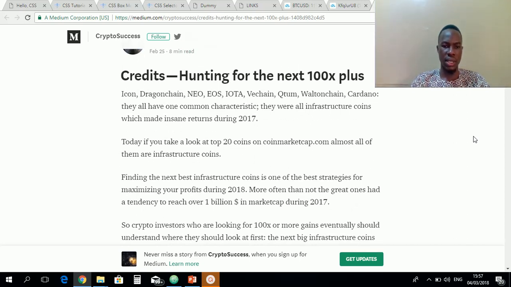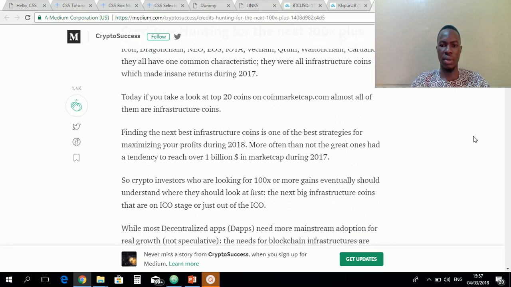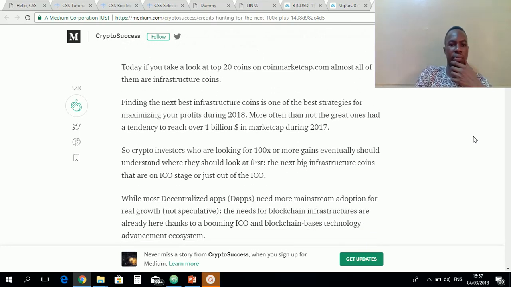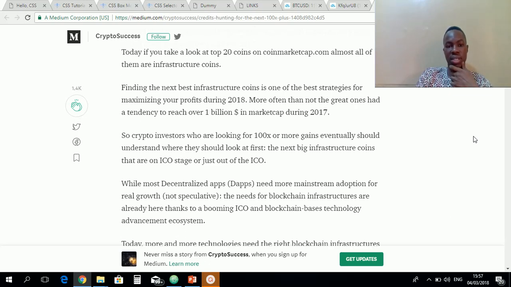Today, if you take a look at the top 20 coins on CoinMarketCap, almost all of them are infrastructure coins. Finding the next best infrastructure coin is one of the best strategies for maximizing your profits in 2018.